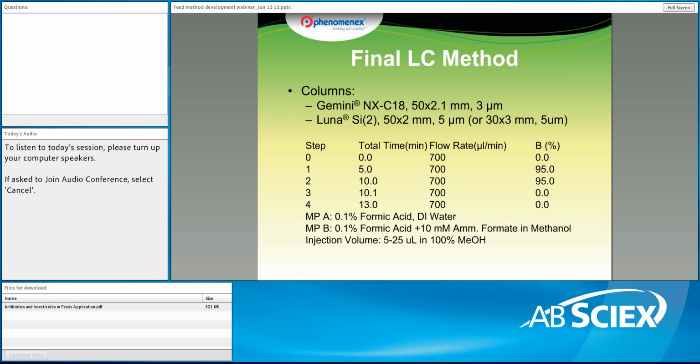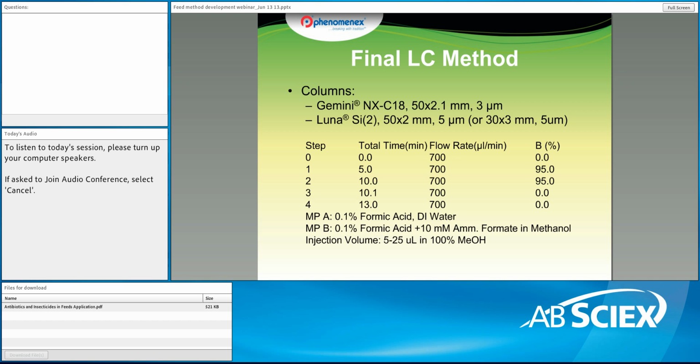The final LC method we developed was using 2 sets of columns: Gemini NX C18 50 by 2, 3 micron particle size, and a Luna Silica 50 by 2, with 2 guard cartridges, or a 30 by 3 millimeter, 5 micron. They both have similar volumes.